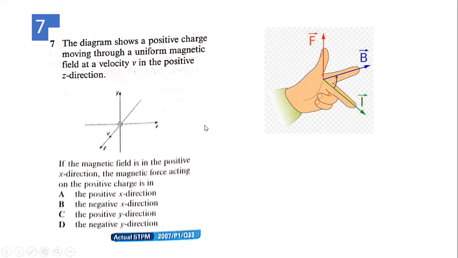The magnetic force acting on the positive charge is in which direction? Know how to read? The positive charge is moving outwards towards you, or out of the page. So where is the direction of the magnetic force?